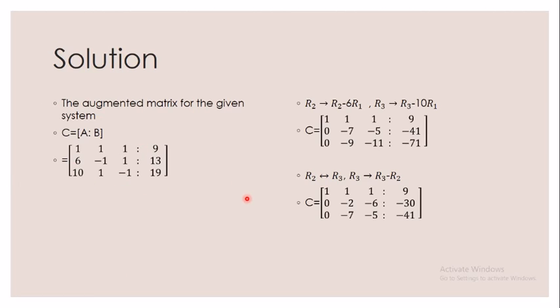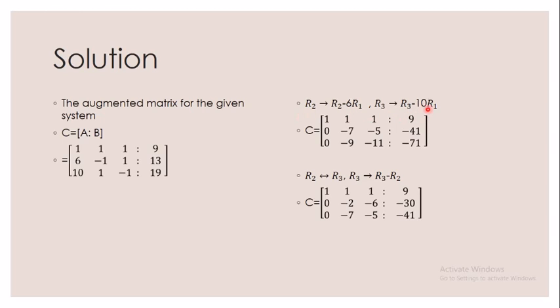Now I'm going to change all the elements beneath and above the diagonal elements into 0. So for that I am just applying two operations in the first step. My two operations are R2 is equal to R2 minus 6 R1, and R3 is equal to R3 minus 10 R1.